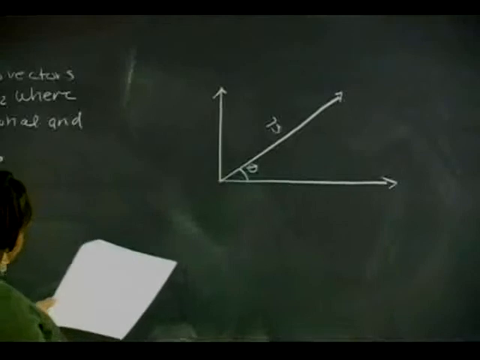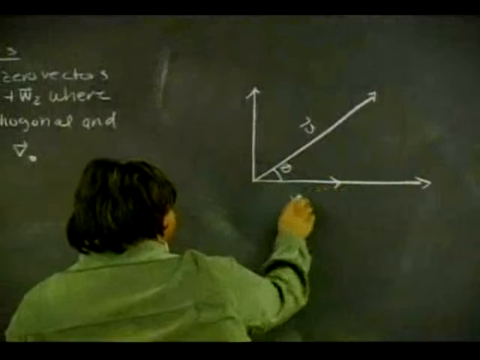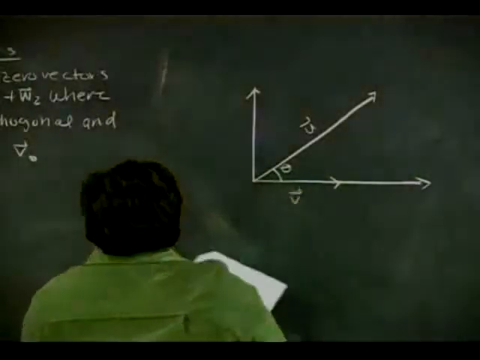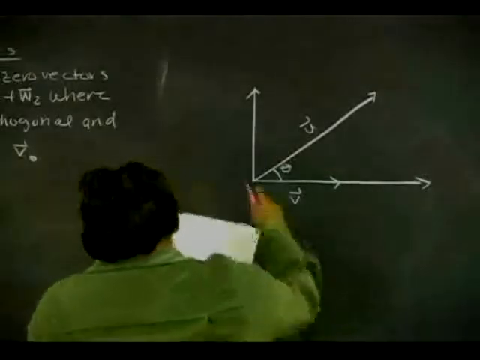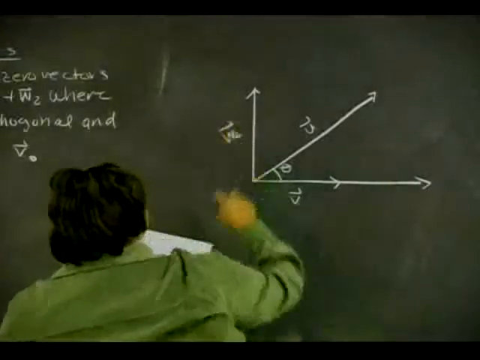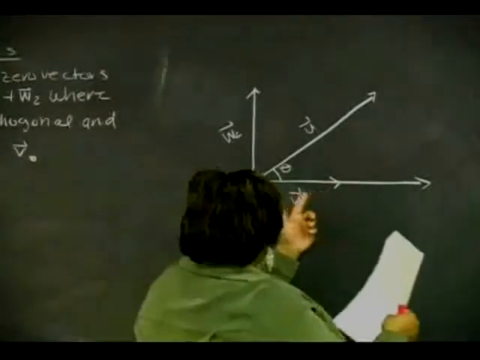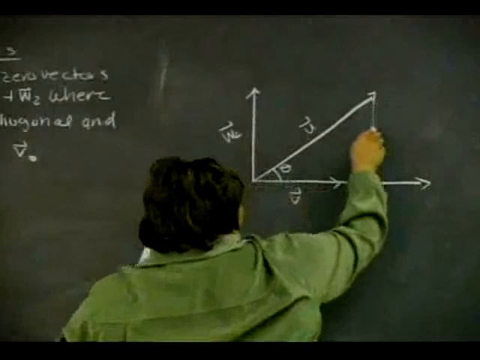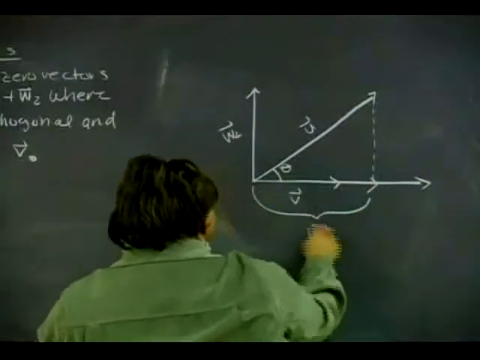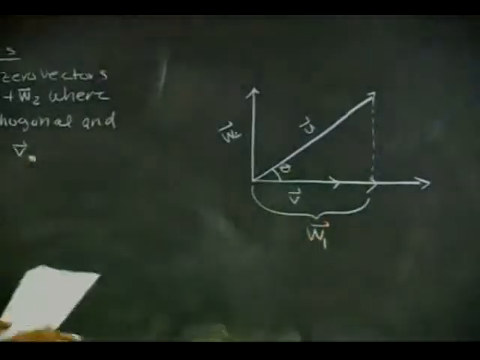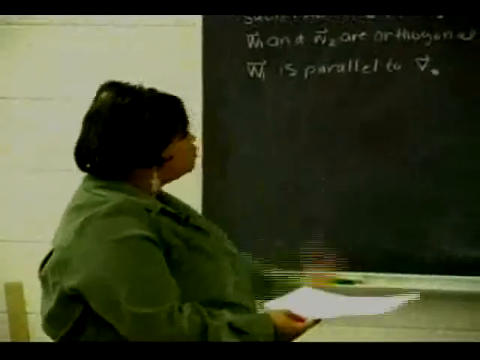And we have some vector right here, V. W1 plus W2 is U. I can call this my W2 vector because W2 and W1 are orthogonal, but W1 is parallel to V. So if I drop my vertical here, all of this is my W1 vector. Now don't get in a roar because you don't necessarily understand this picture, because there's more that we're going to say about this.